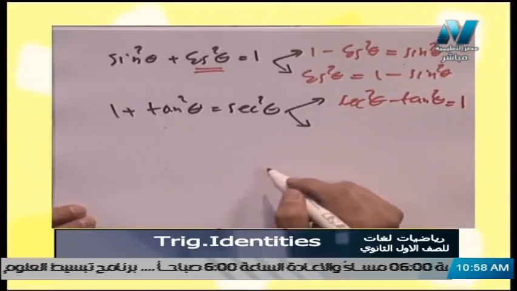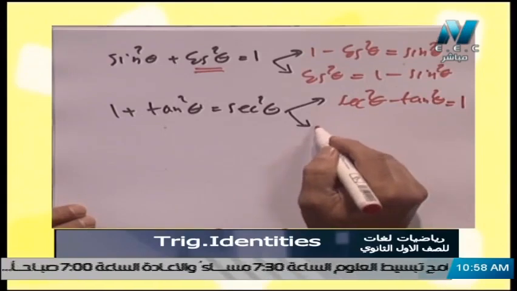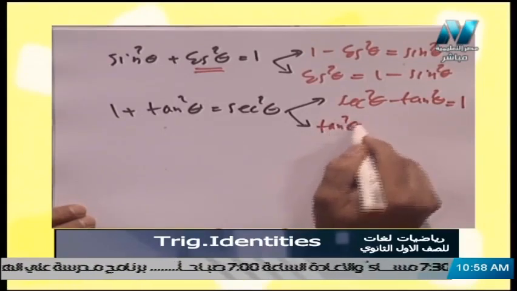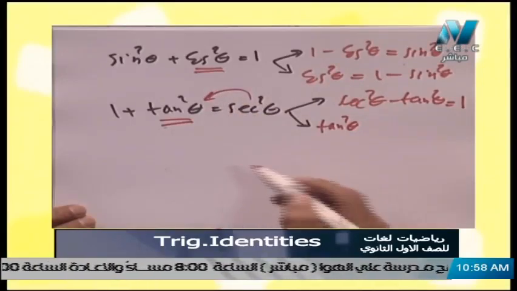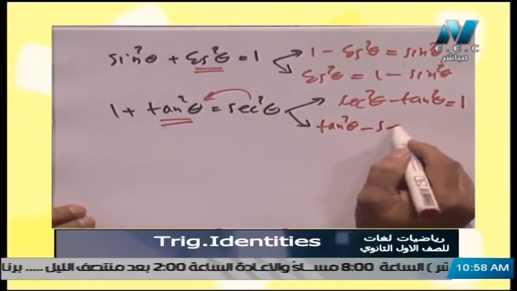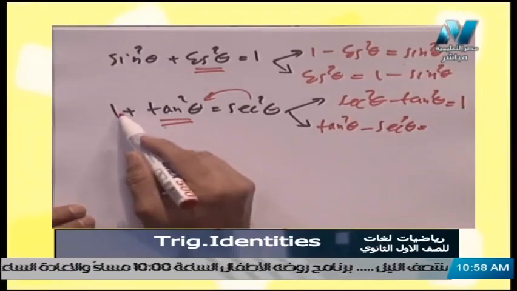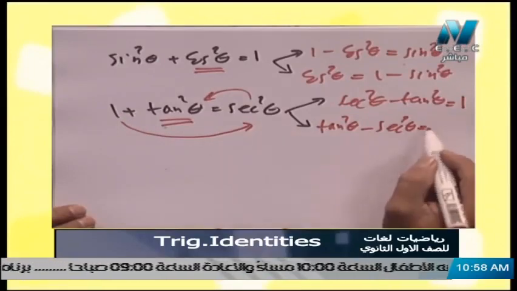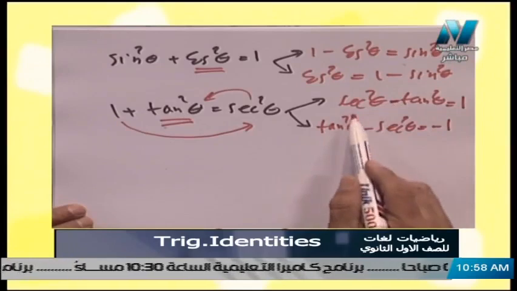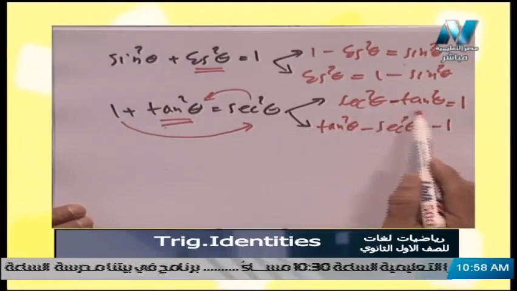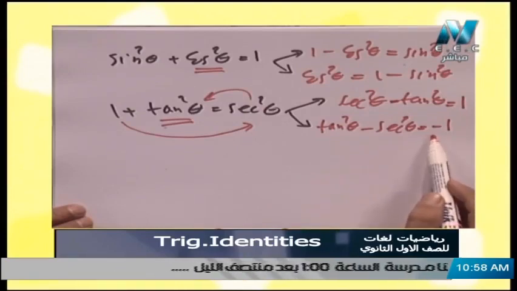Okay, and we can also say that tan power 2 theta minus sec power 2 theta, moving sec power 2 theta to this side as negative, will be equal negative 1. So keep them all. Sec power 2 theta minus tan power 2 theta equals 1, and tan power 2 theta minus sec power 2 theta equals negative 1.